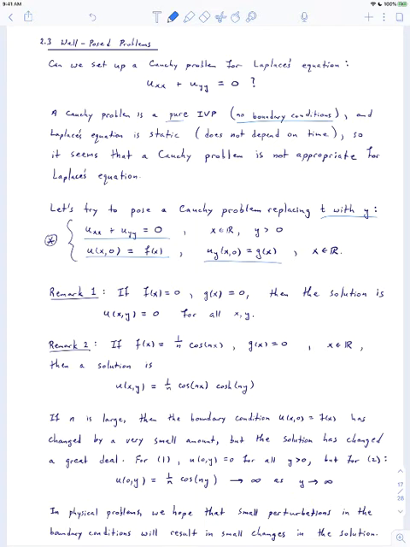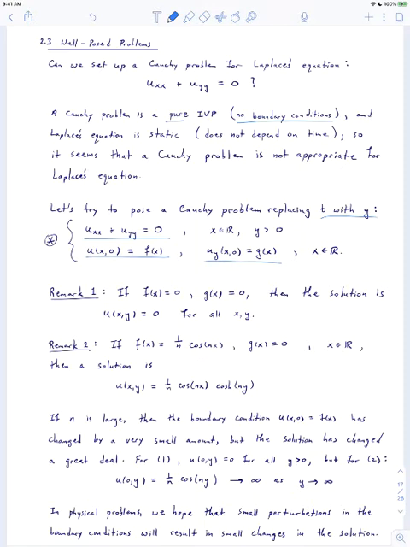So we have a starting y value of 0, and we start with an initial condition that u at x comma 0 is some function f of x. Now instead of the time derivative, we're looking at the partial derivative with respect to y at x comma 0, and we're assigning that to some prescribed function g. So we've set up what looks like a Cauchy problem, replacing t with y. So can we solve this?